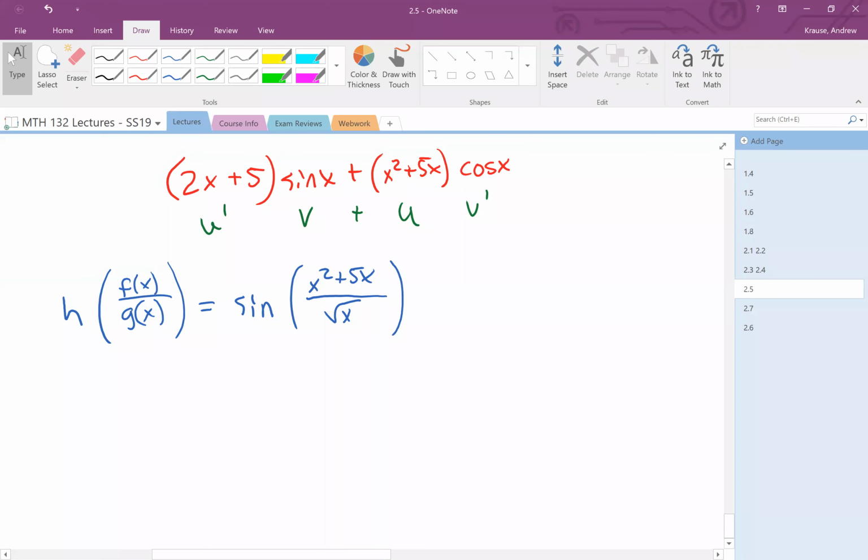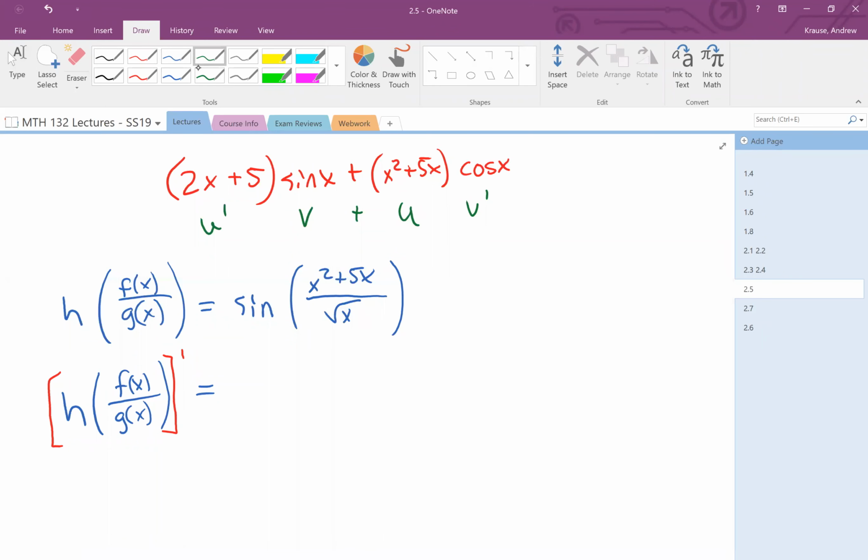Alrighty, so we're trying to take the derivative of this whole function. The first derivative that we're taking is that outside function.